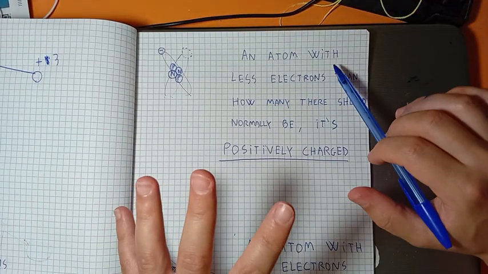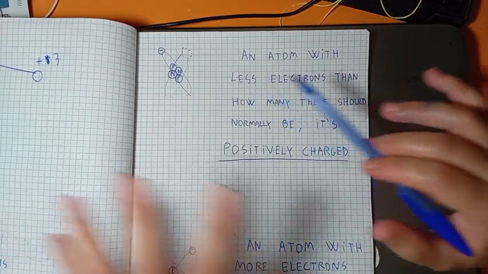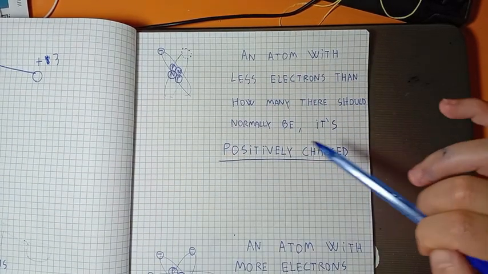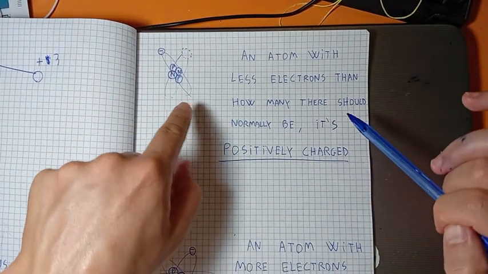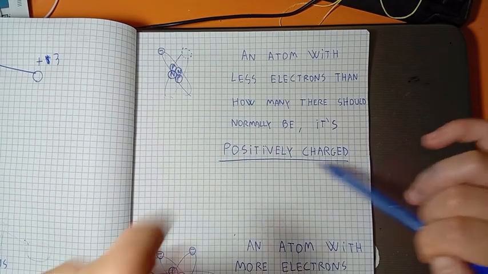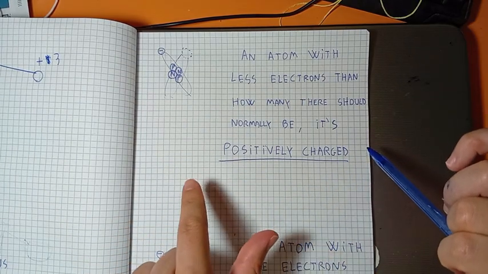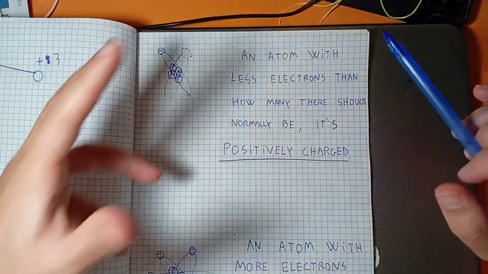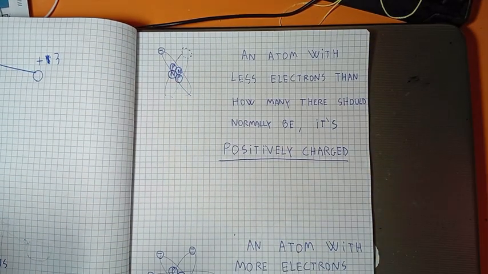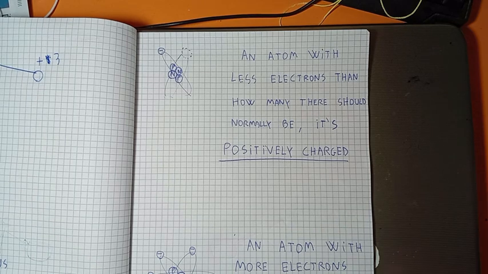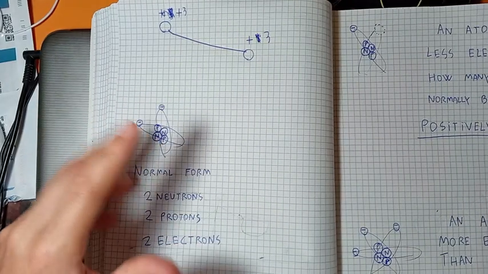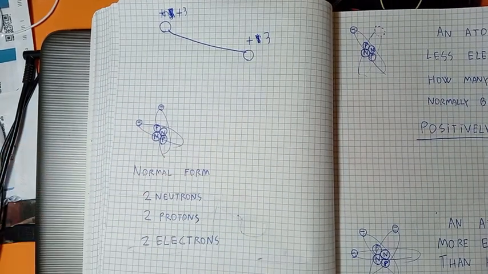And when an atom loses an electron, we can say that an atom with fewer electrons than how many there should normally be is positively charged.